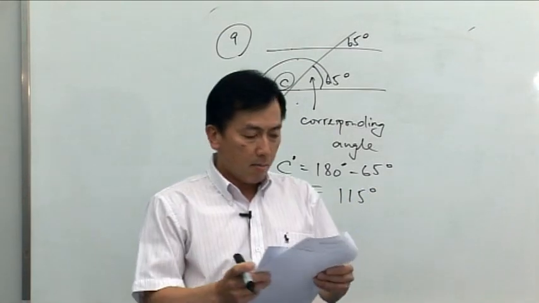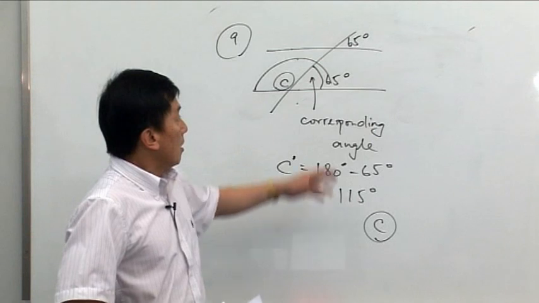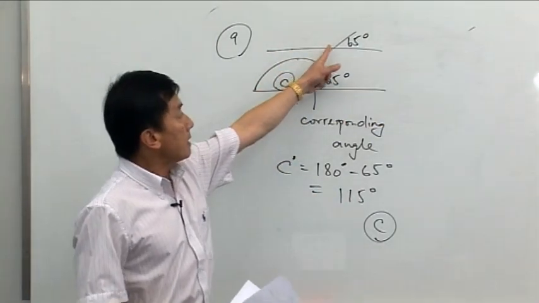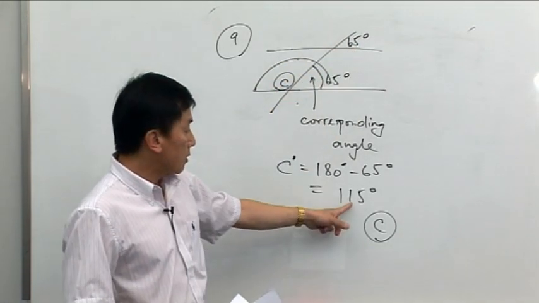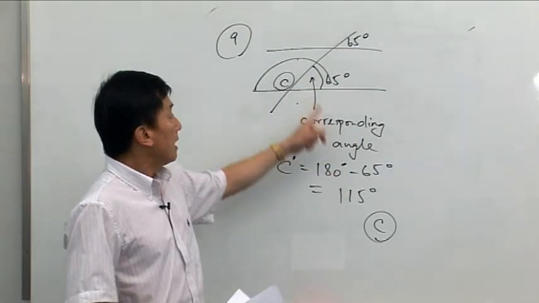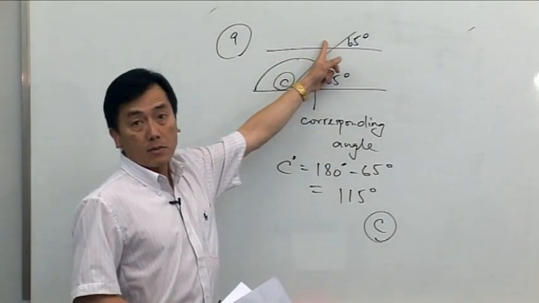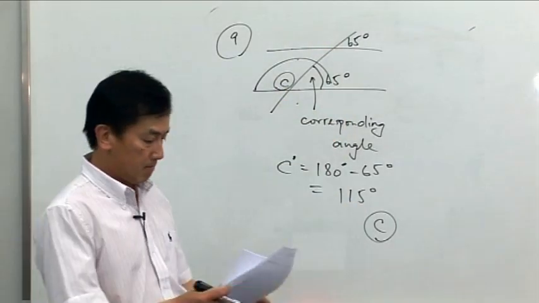So in this case, my answer is going to be C. Alternatively, we can look at that particular angle there. That's also going to be 180 minus 65 degrees, which will also give us 115 degrees. And angle C will be the corresponding angle to that angle there. So either way, our answer is going to be 115 degrees.